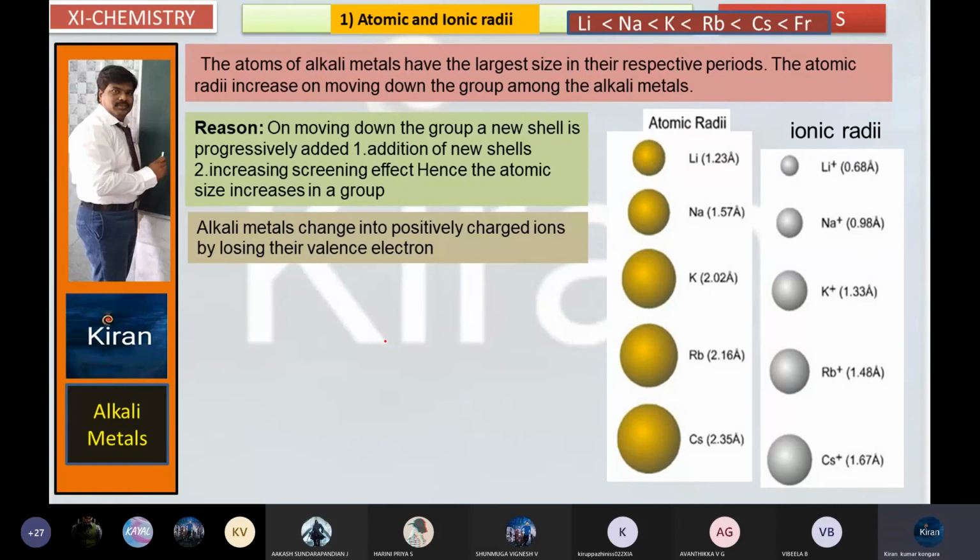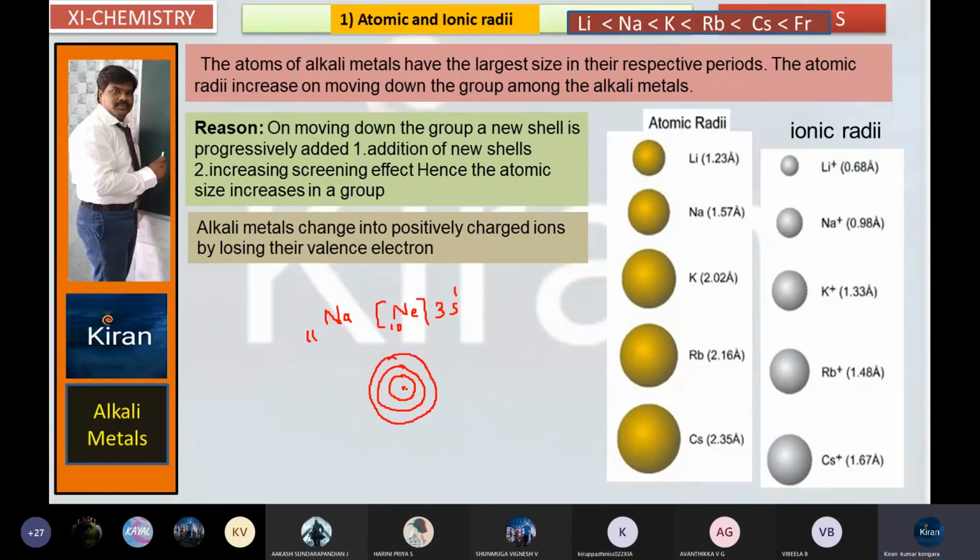Once again, for example, I am taking sodium. You know very well about sodium. Its atomic number is 11. I am writing the electronic configuration with respect to the noble gas neon, whose atomic number is 10: 3s1. So this sodium has 3 shells: nucleus, first shell, second shell, and third shell.